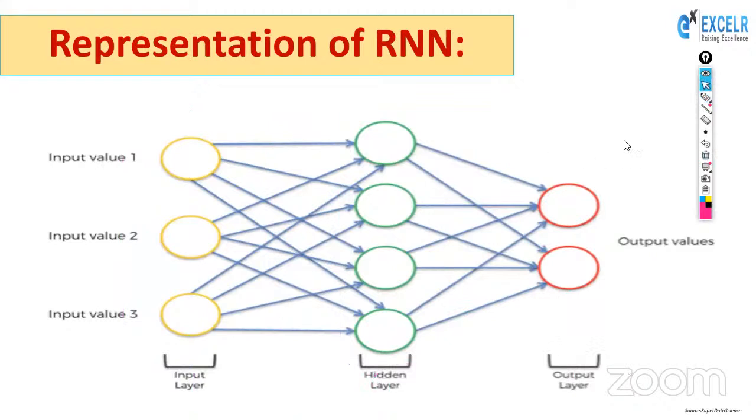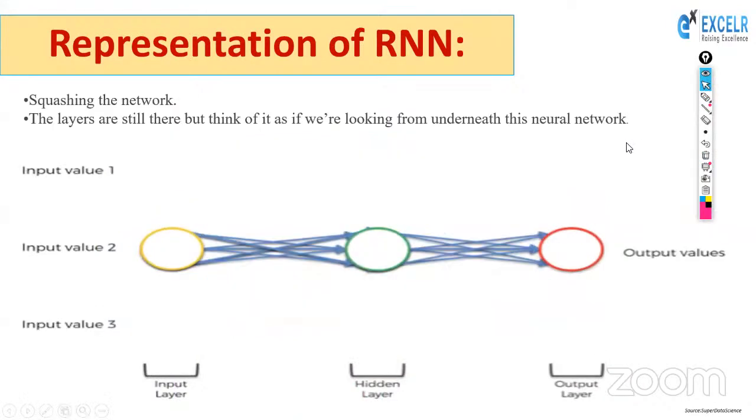So if you see this neural network from underneath, you will see the network like this, and the connections you will see like a mesh. So here you are seeing only a single input node, a single hidden layer node, and a single output node. But it is not only 1 node. There are 3 input nodes, 4 hidden layer nodes, and 2 output nodes, right?